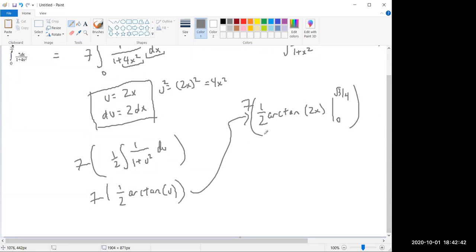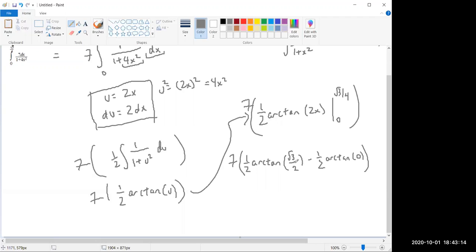So right now we need to evaluate it at the top and bottom limits. This is 1/2 arctan of, so first I'm going to plug in radical 3 over 4 for x. So that'll give you radical 3 over 2, minus 1/2 arctan of 0.